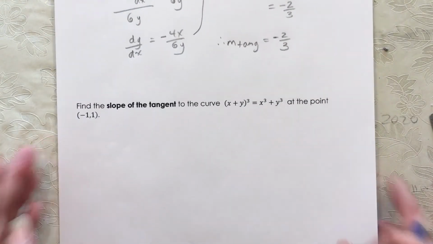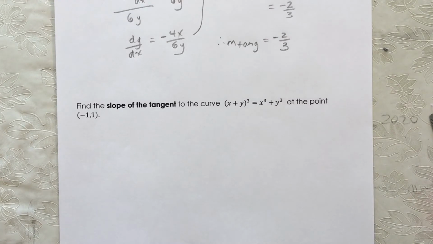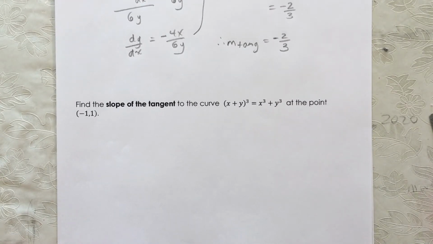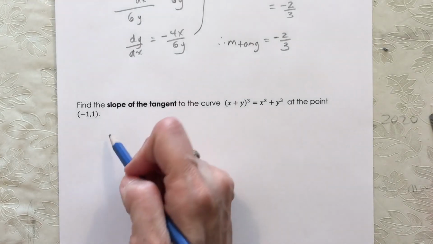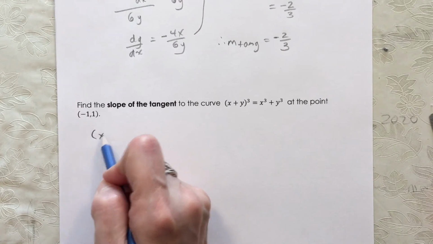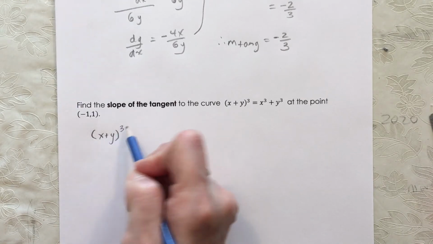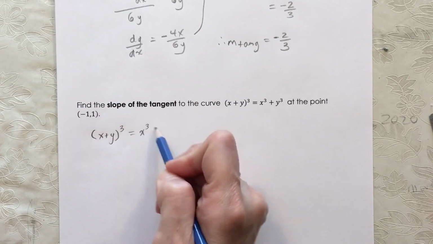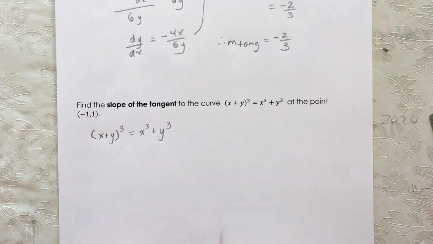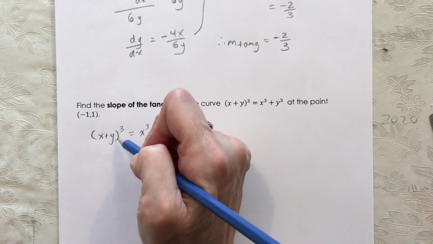Okay, next question. Find the slope of the tangent to the curve x plus y all cubed equals x cubed plus y cubed at the point negative 1, 1. Okay, so x plus y all cubed.